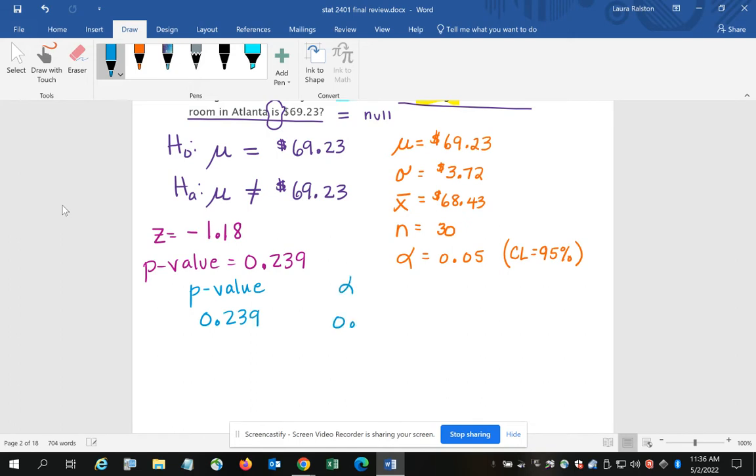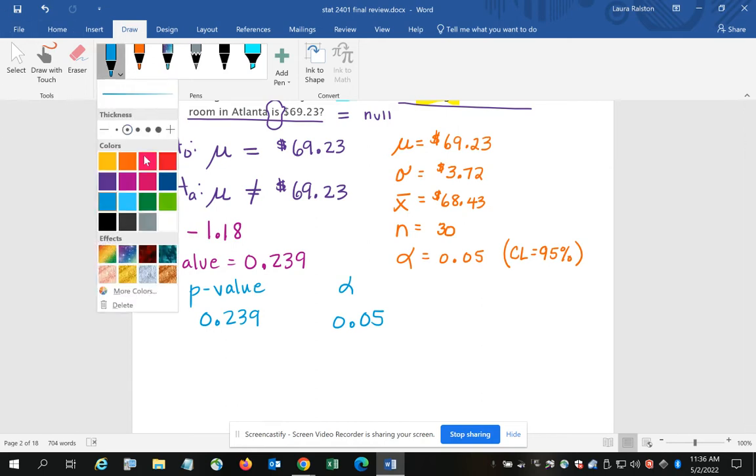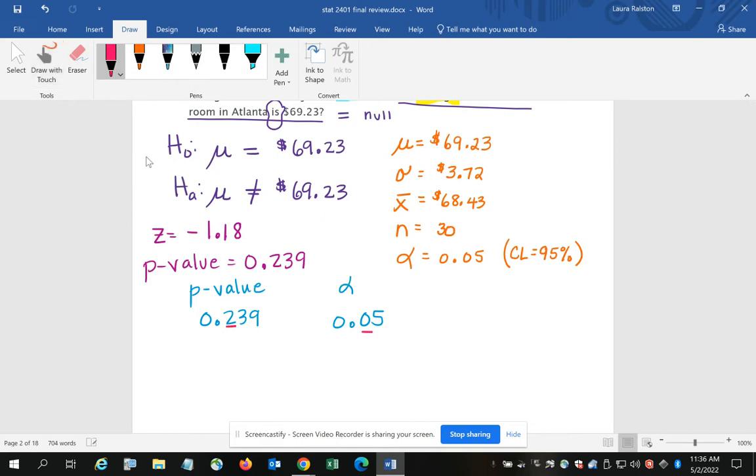Alpha is given as 0.05. When you compare that digit for digit, you have 2 compared to 0. 2 is greater than 0, so P is greater than alpha. When P is greater than alpha, we fail to reject the null. If we fail to reject the null, that means the null is true and the alternative is false.